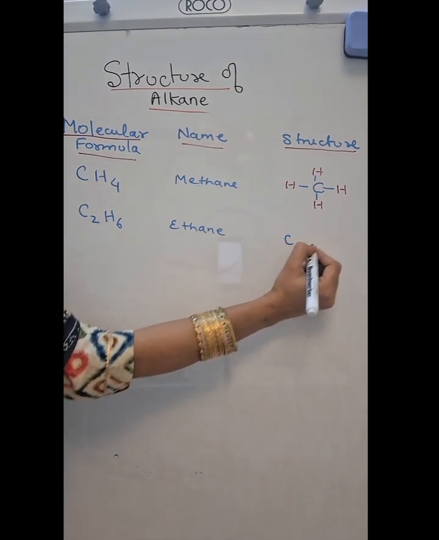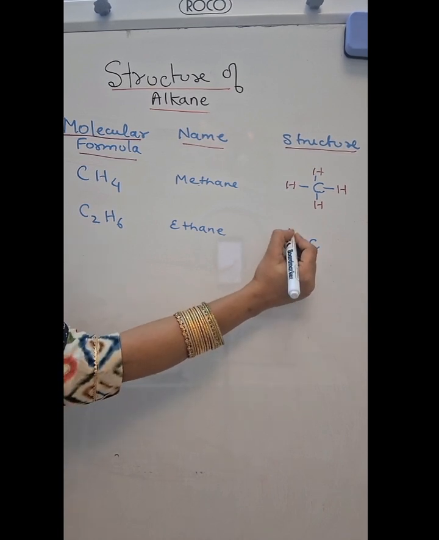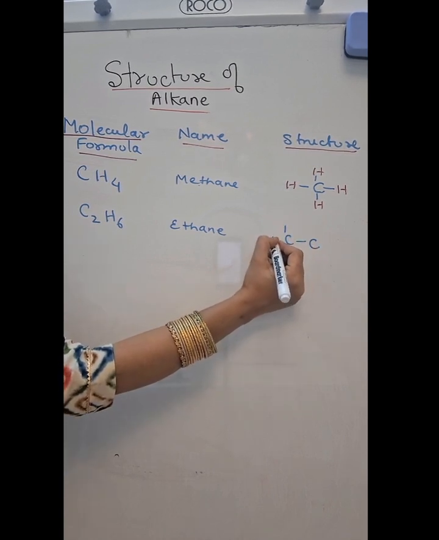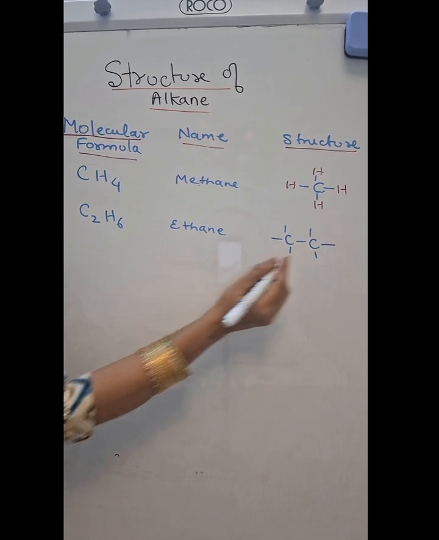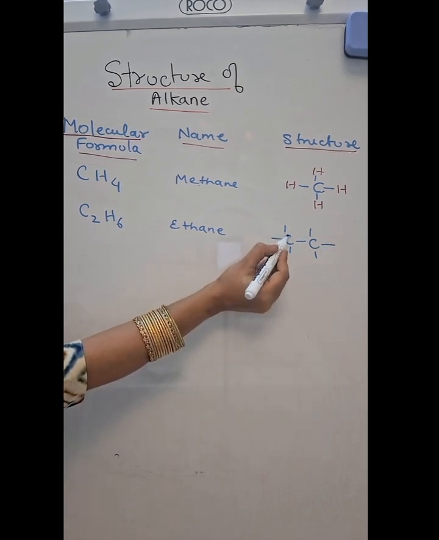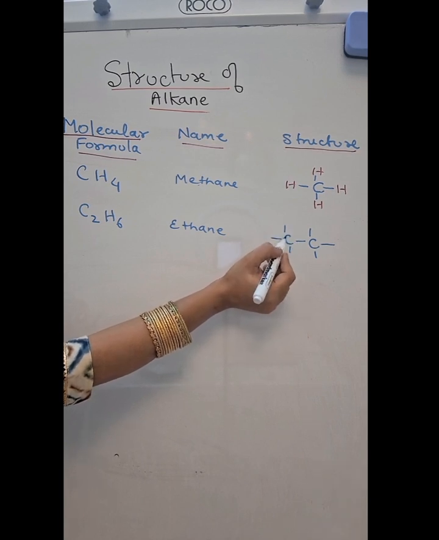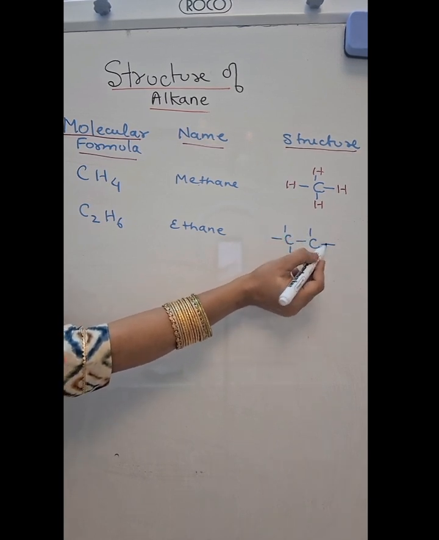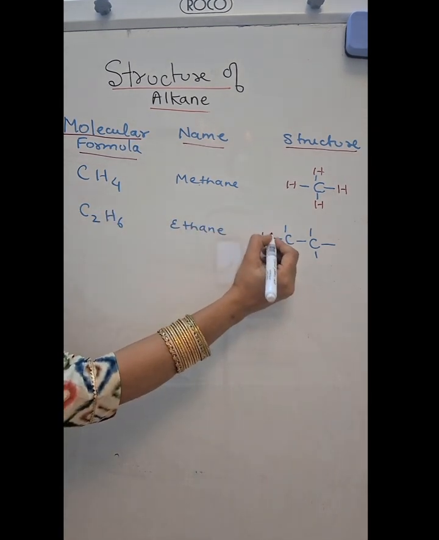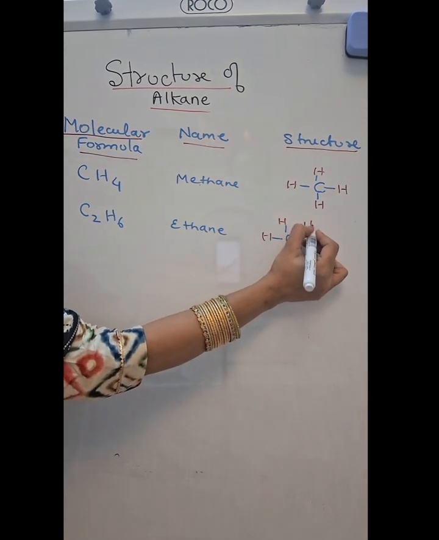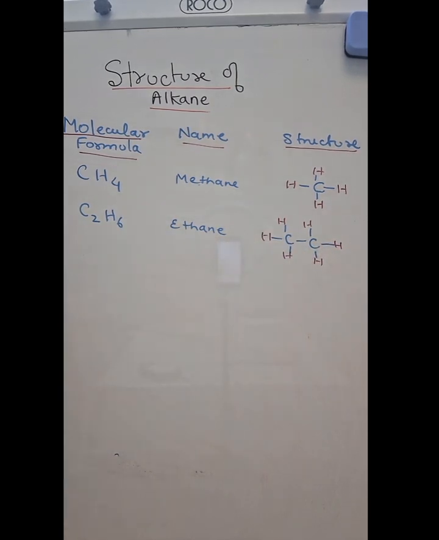So we will make 2 carbon which is singly bonded, and then we will satisfy the rest valency of the carbon. As we know, carbon has 4 valency, so we'll check 1, 2, 3, 4 for this carbon, and 1, 2, 3, 4 for this carbon, and then we will satisfy this with a hydrogen. So this is the structure of ethane.